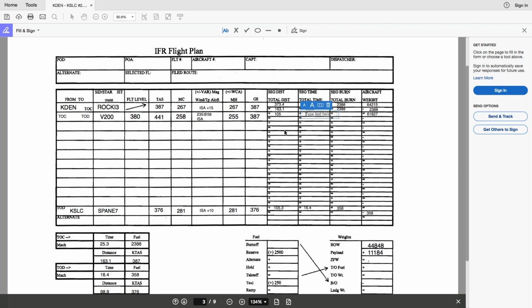Our time equals 16.2. So we can put our time in here, 16.2.